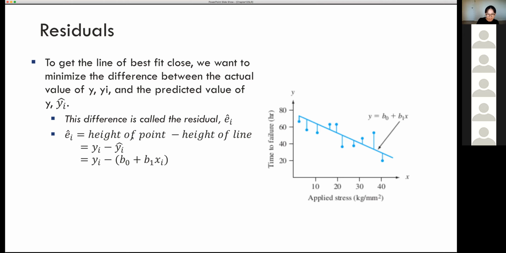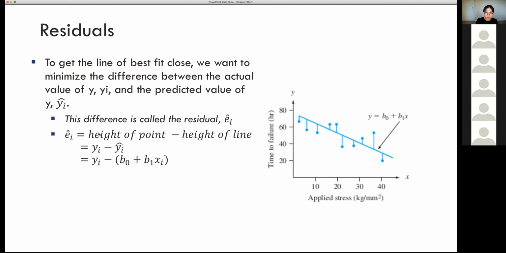So it's the height of the point minus the height of the line. So it can be positive or negative, right? Because we know that this ei, theoretically, follows a normal distribution. It can be positive and negative, but the mean of it should be 0, and its standard deviation should be sigma. But this is from the data and the regression line. This is how you get the residual.